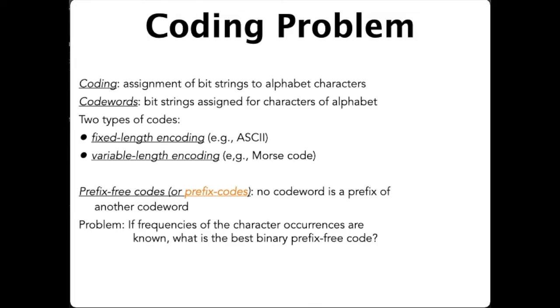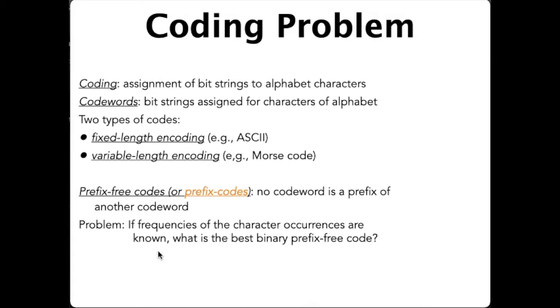So we have what is called a prefix-free code. No code word is a prefix of another code word. Our goal for the coding problem is to provide a variable length encoding that is prefix-free. The coding problem is: if we know the frequency of the character occurrences, what is the best binary prefix-free code?